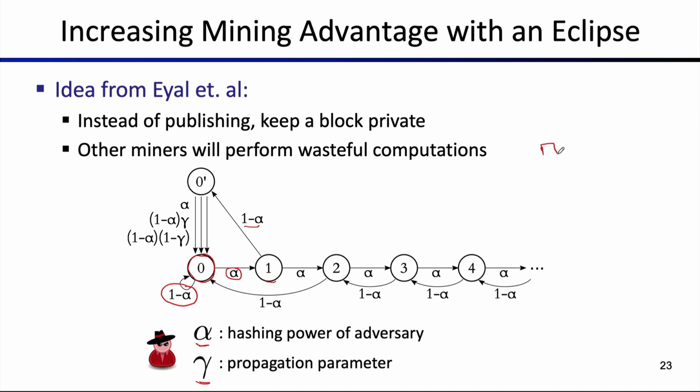In essence, you can look at the blockchain as such. This is here the first block. And then let's say the adversary is mining 1 block, right? This is with probability alpha. And then the honest network is also mining a block at the very same height, because the adversarial block, this one here, is not public. So the honest network doesn't know that this block exists, right? Now we're in the state 0 prime because we are at the same height, so there's just 1 block of distance.